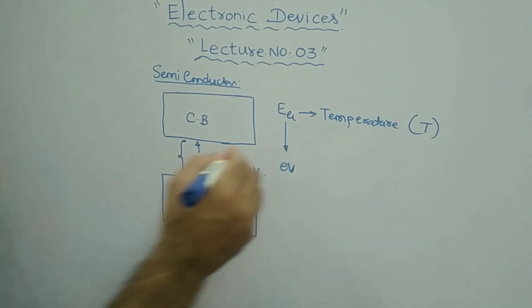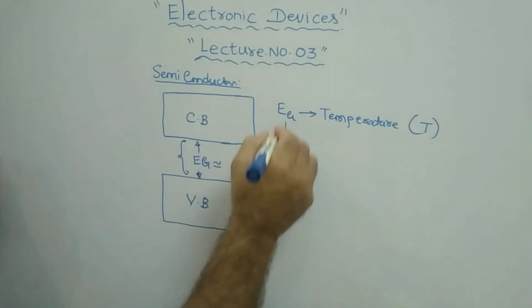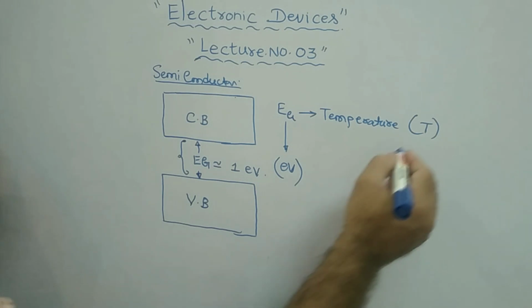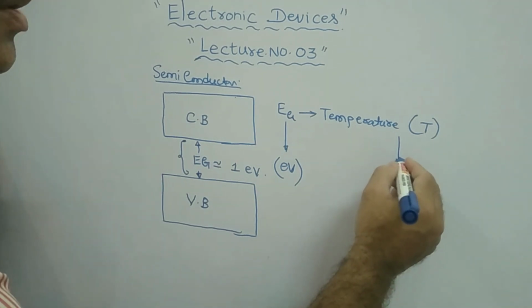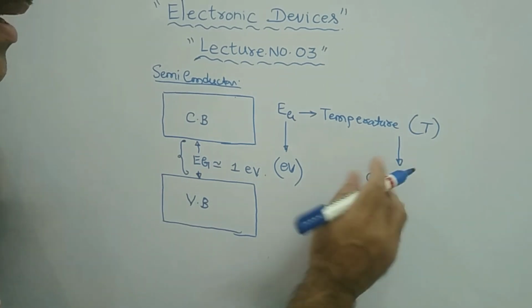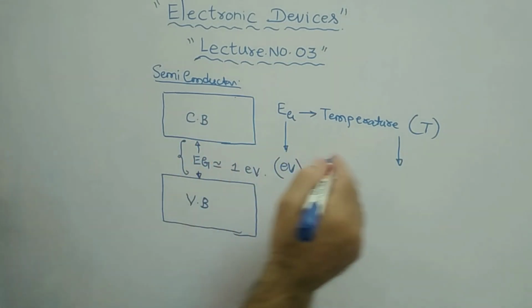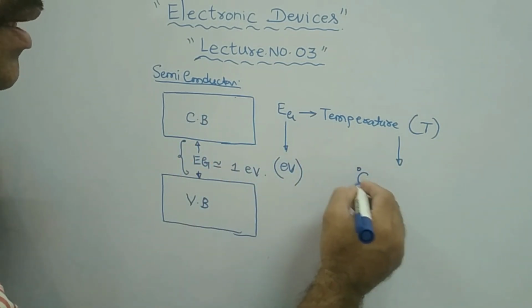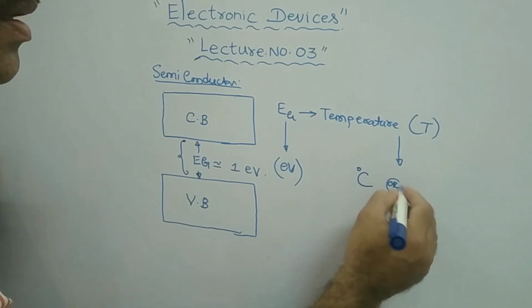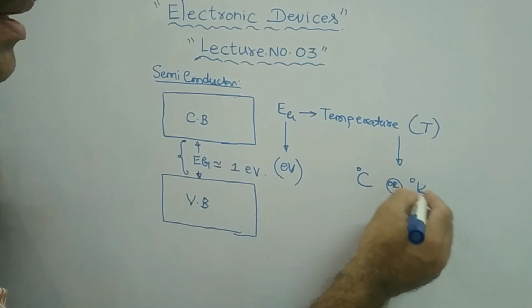Remember, eV, small e, capital V. So Eg is measured in electron volts, whereas temperature can be measured either in degree centigrade or otherwise degree Kelvin.